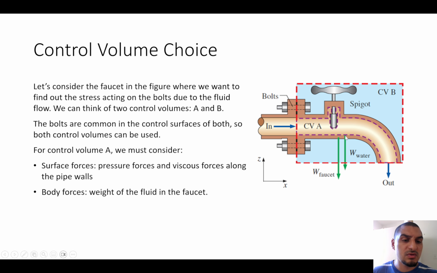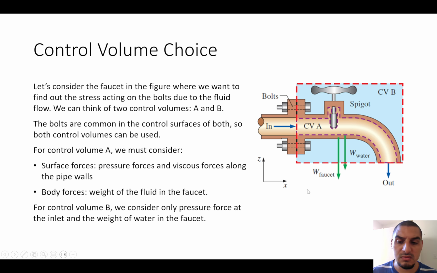For the body forces, we include the weight of the faucet and the water inside it. While if we do the calculations on the red control volume, which is the control volume B, the body forces will include both the water and the faucet, and body forces are easy to calculate.